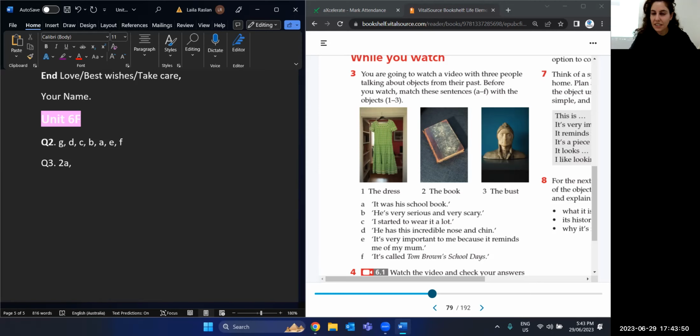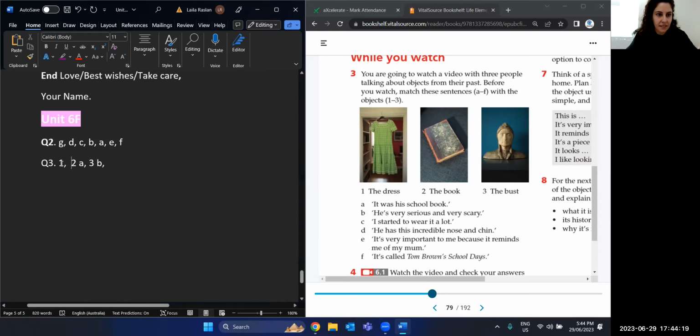He's very serious and very scary. Maybe it's talking about 3. Yeah. So 3 is B. How about I started to wear it a lot? Number 1. Yeah, the dress.